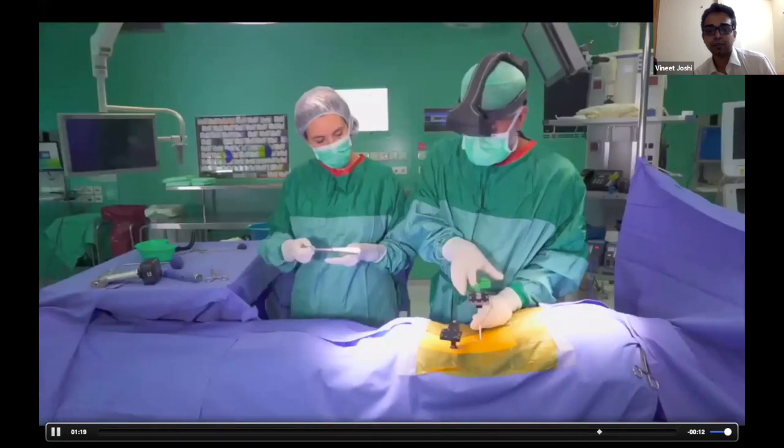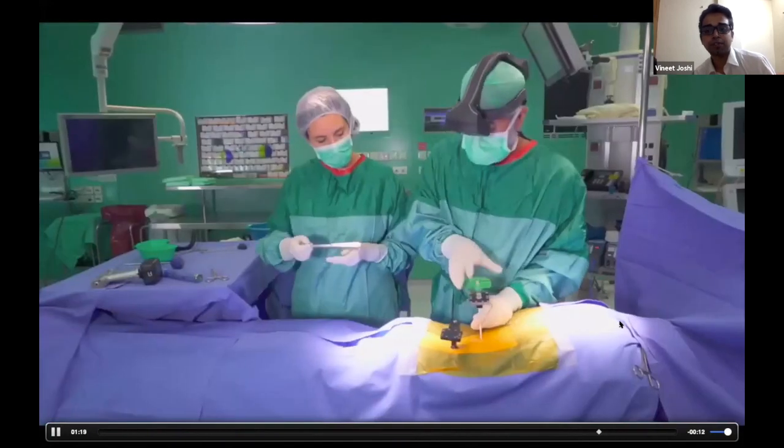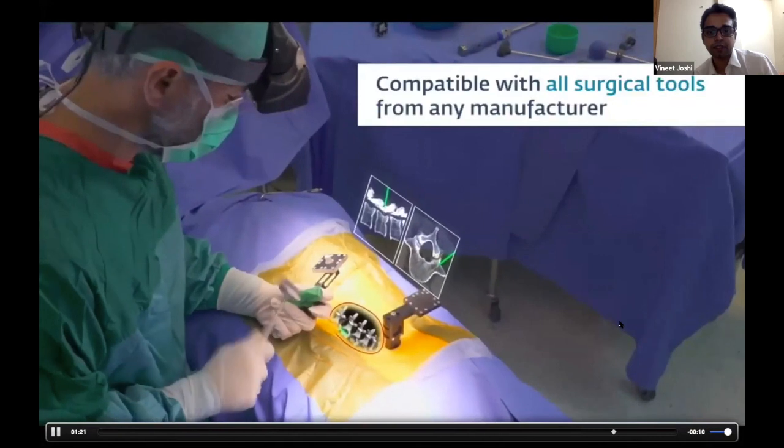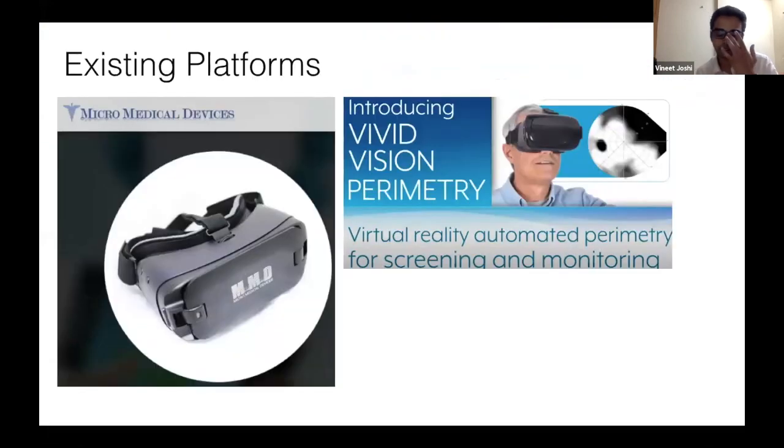Now this is so useful, and probably in the future we will see our wet labs going into the same fashion, including cataract and corneal transplants. The existing platforms in ophthalmology using virtual reality are basically in perimetry.